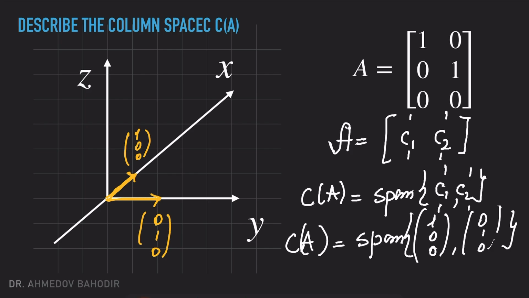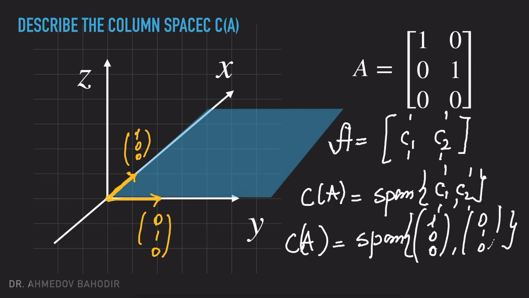We remember that all possible linear combinations of one vector define a line, and all linear combinations of two vectors define a plane. So essentially, the span of the columns of this matrix A is this plane, the xy plane.